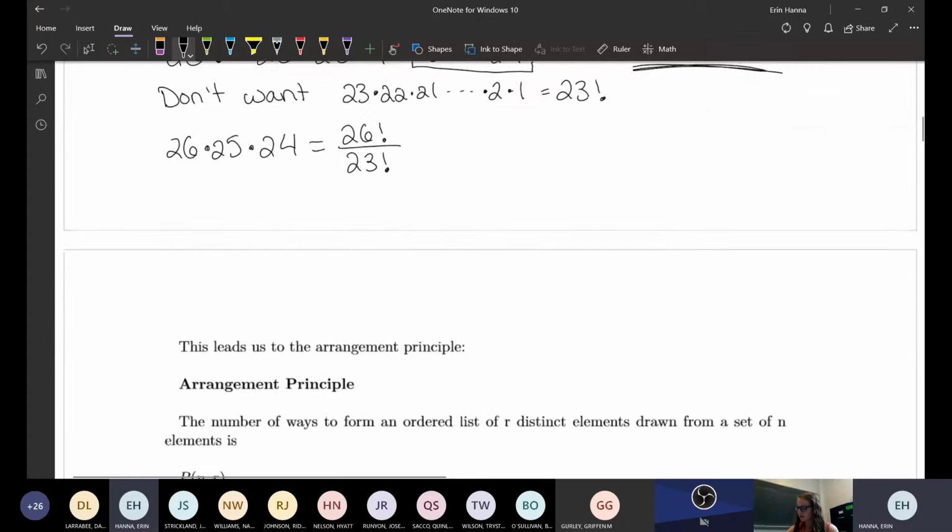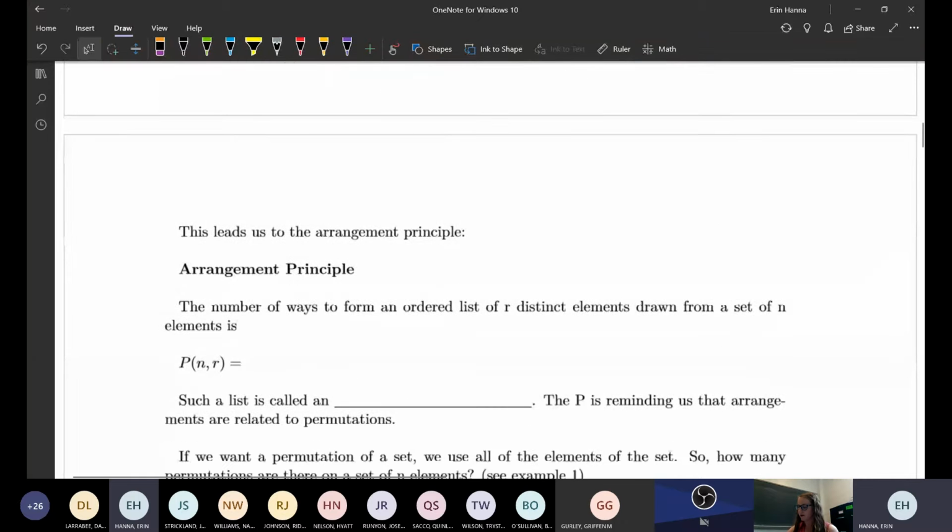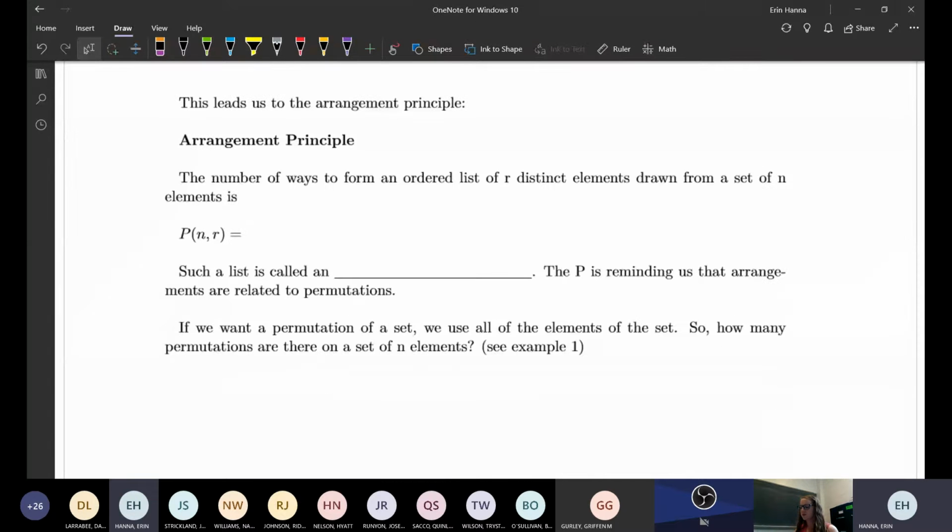So this leads us into the arrangement principle. The number of ways to form an ordered list of R distinct elements drawn from a set of N elements. So you're starting with a set of N things and you're only taking R of them. In the last example, we had 26 letters and we were only taking 3 of them.